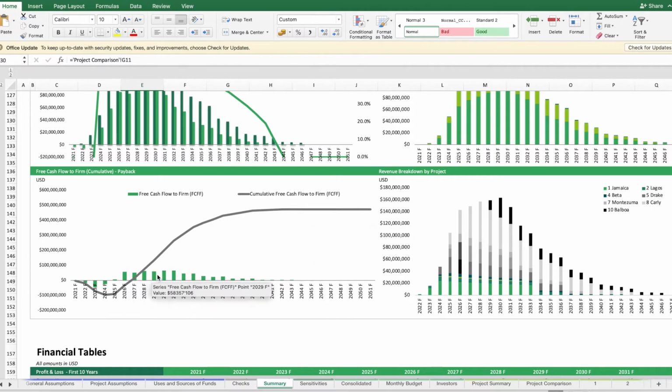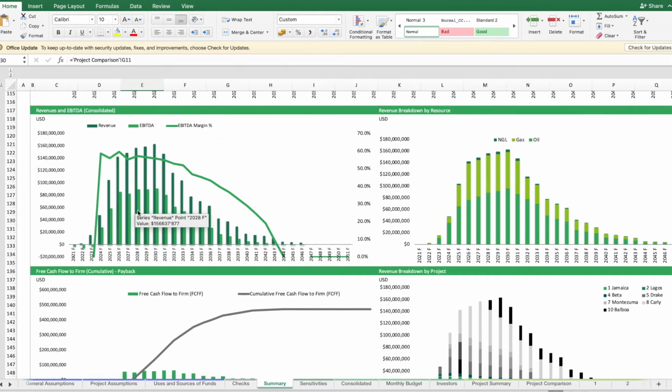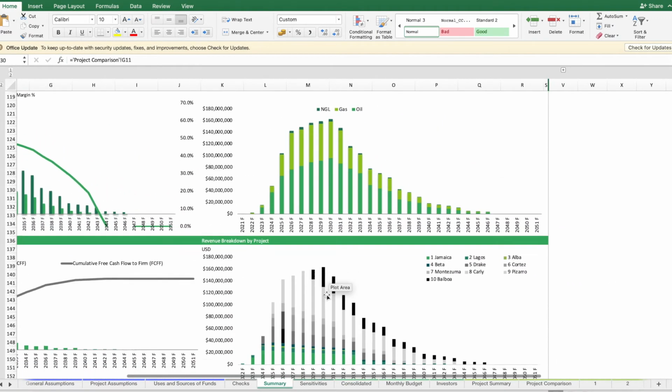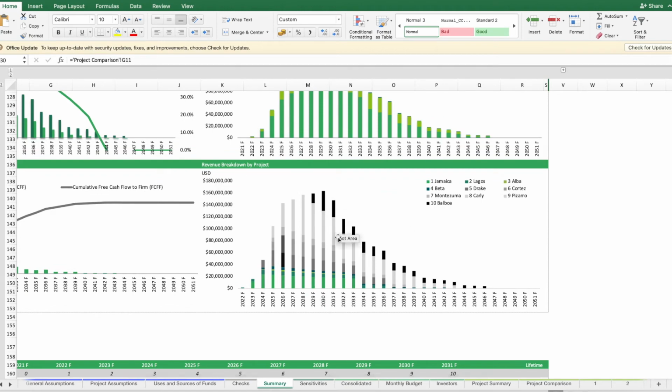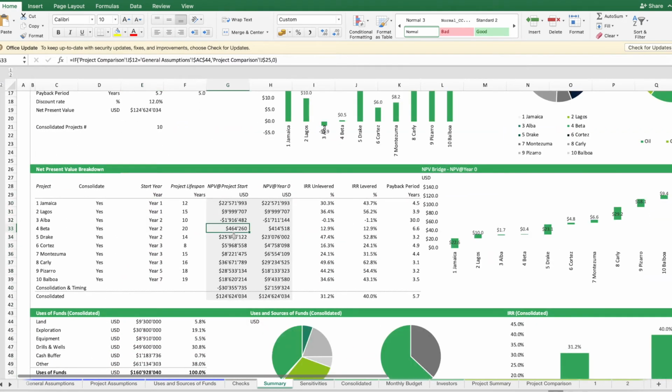As the production declines, it will phase out. And then we can analyze these profit patterns, and the revenue breakdown by resource and by project.